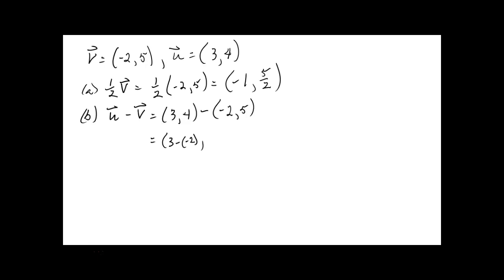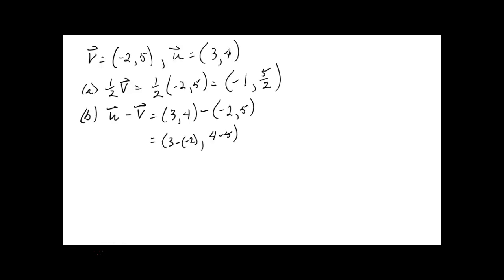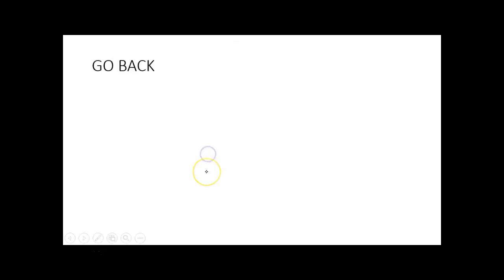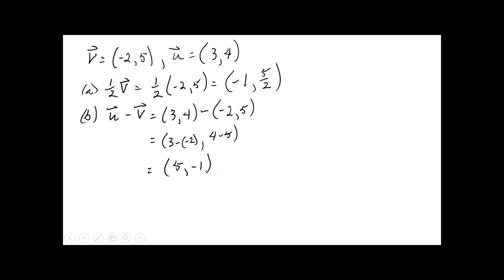So the first component of your resultant vector, the difference, is going to be 3 minus negative 2, that's what I've written here, then comma for the second component, 4 minus 5. For some reason, my pen's not writing. Okay. So what is 3 minus negative 2? 5, comma, negative 1. There's your difference between those two vectors.